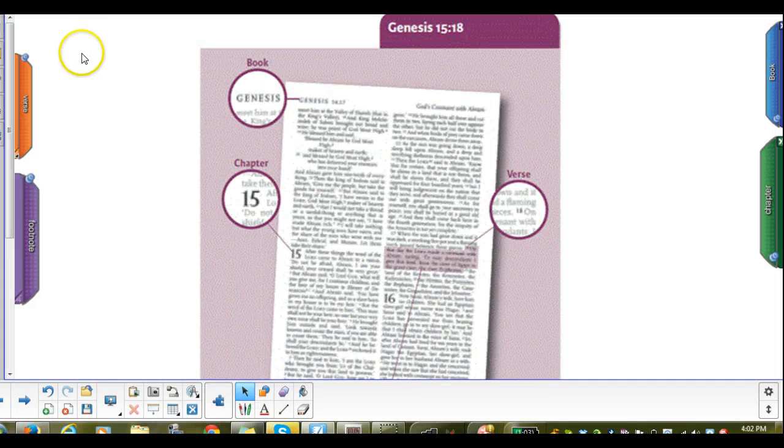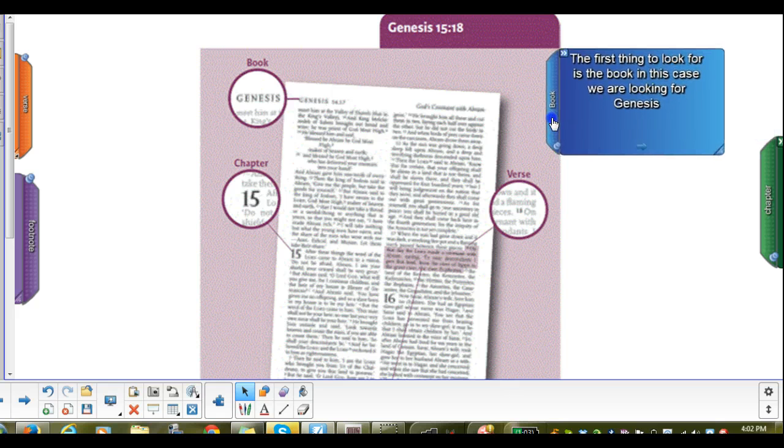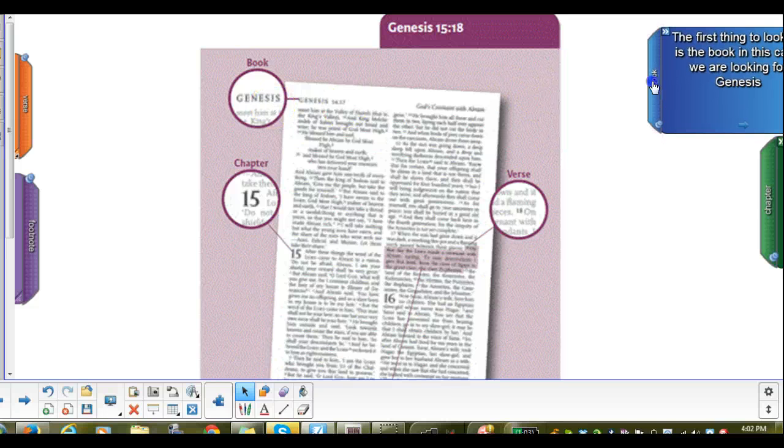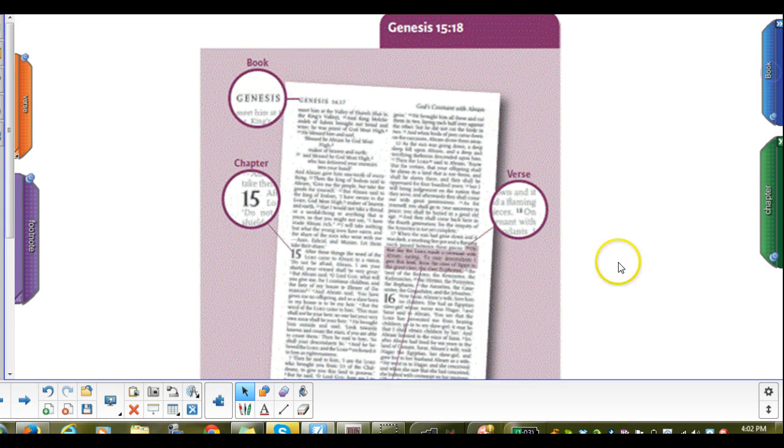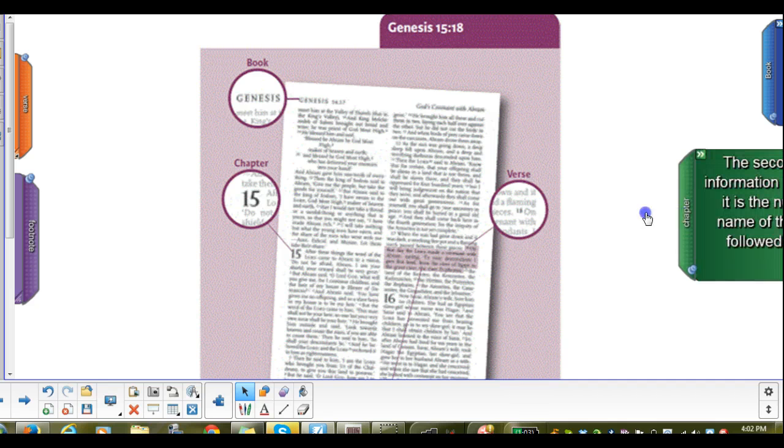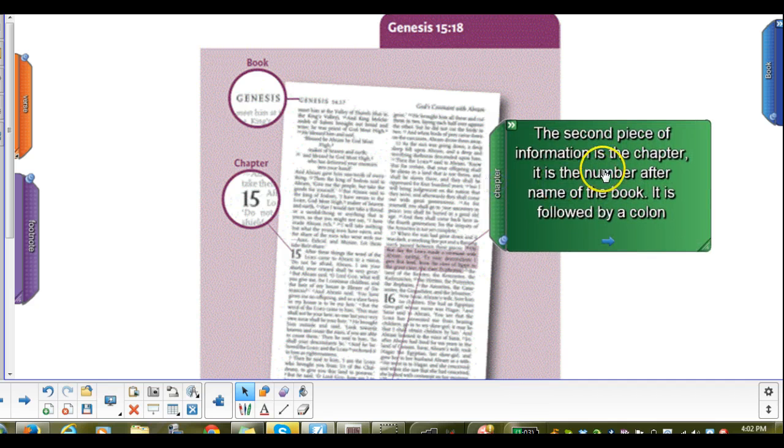And here again, we have the same page that you have in your textbook. So the first thing you're going to do is look for the book. In this case, we're looking at Genesis. The next thing is the chapter. It tells us what major chapter we are looking for, and it is followed by a colon.